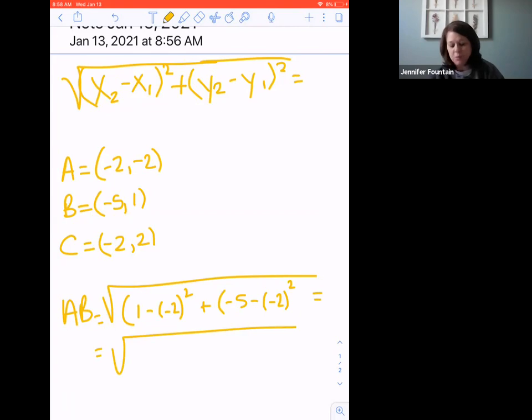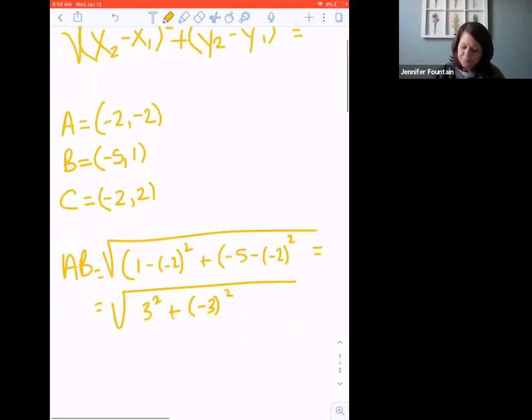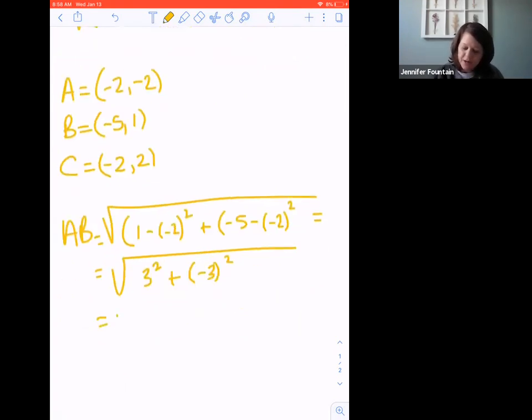I have 1 minus a -2, that's the same as 1 plus 2, so that's 3 squared, plus -5 minus a -2, which would be -5 plus 2, so that's -3 squared. So 3 squared is 9, and -3 squared is also 9. So that's going to be the square root of 18.